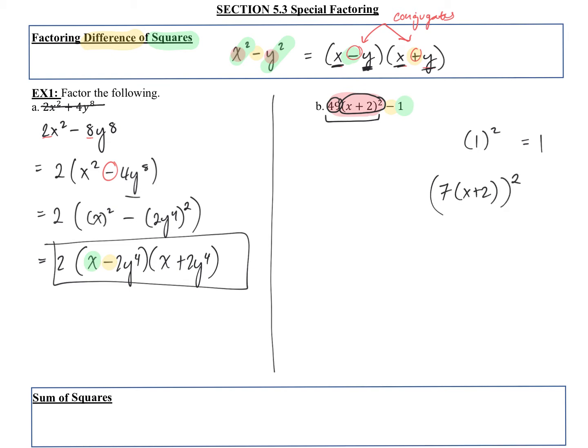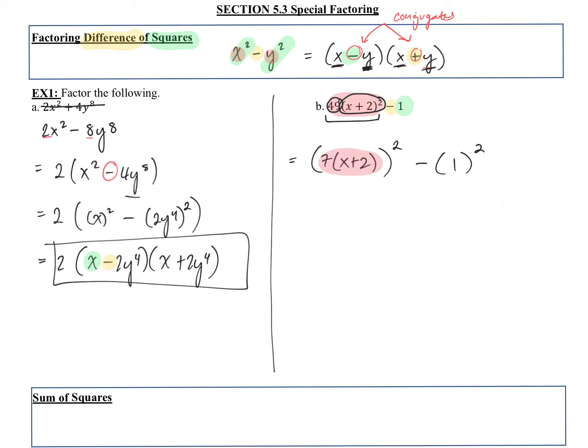Okay, so I'm going to go ahead and rewrite everything. So we figured out what these squares are of each item, or you could think of it as a square root. So I know that this is 7 times x plus 2, sorry for my dog barking in the back, squared minus 1 squared. So now we know the first item being squared and the second item being squared. So we can rewrite it as the first value and the second value.